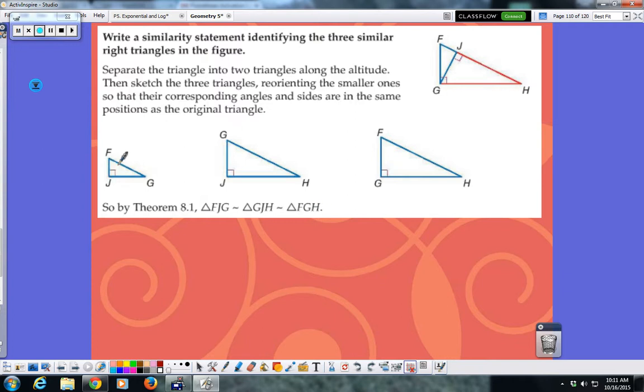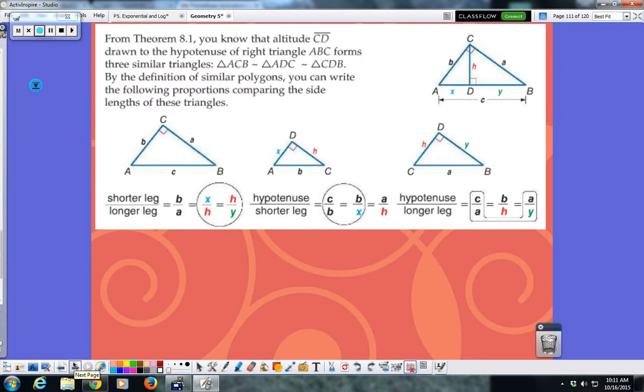The short side, FG, corresponds with JG. You see FG and JG here. The medium side, JH, would correspond with GH over here. My biggest thing for you to remember is that you have that correspondence. You have three similar triangles.